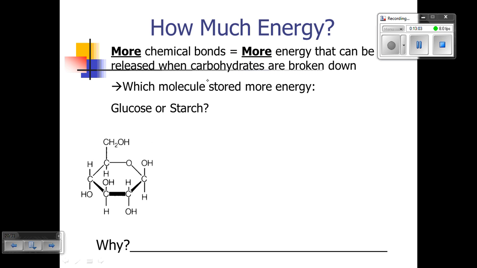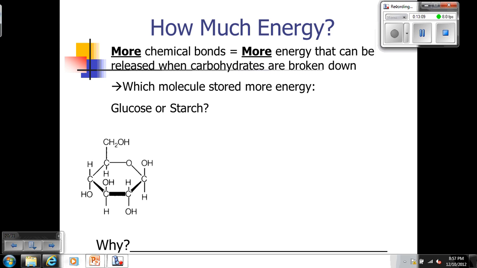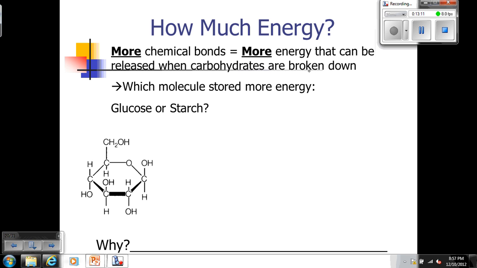So what we can basically say is that the more chemical bonds that a molecule has, the more energy that can be released when carbohydrates are broken down. So which molecule has stored more energy, glucose or starch? Well, this has a lot of chemical bonds, correct?